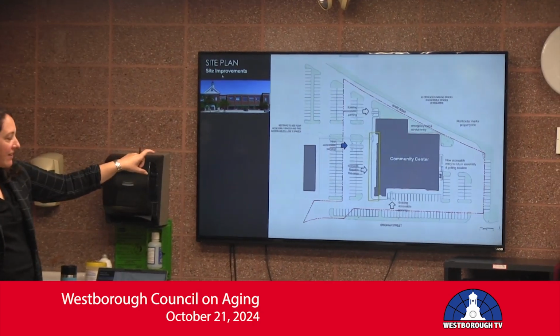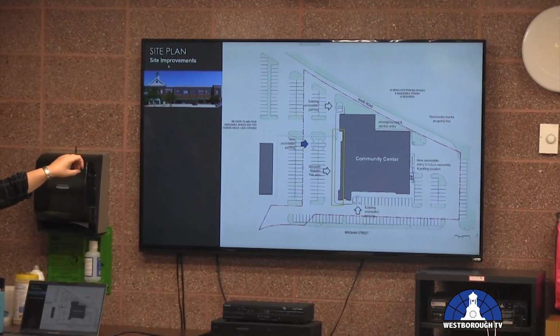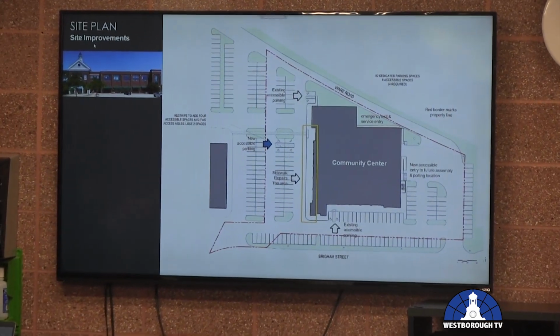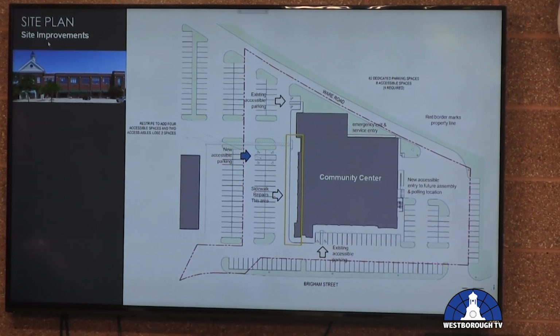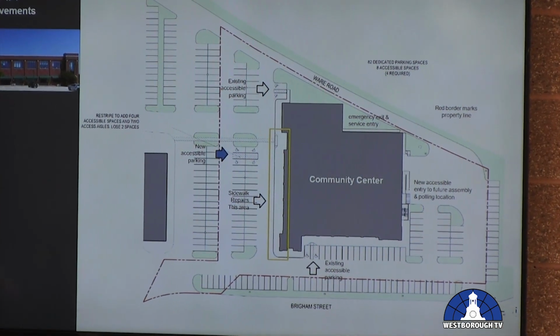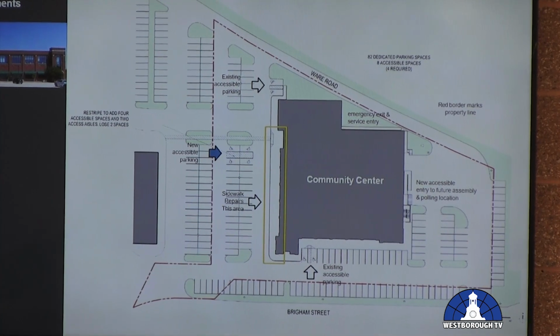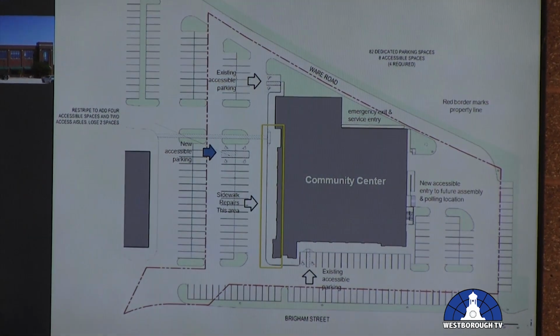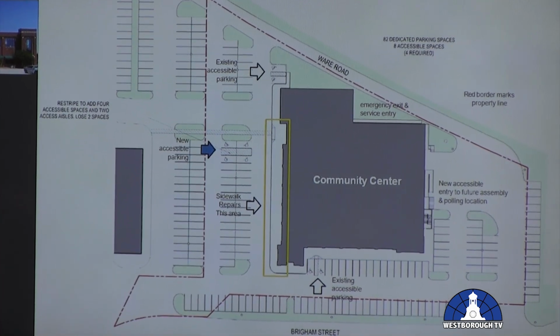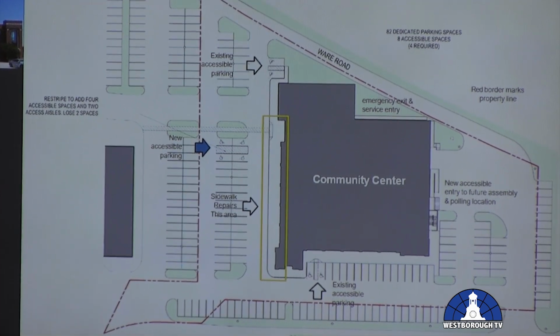Also, there's a blue arrow showing that we would want to be adding some handicap spaces, which came out of the community engagement, the need for some additional handicap spaces. It also shows that in the back of the building, there's a proposal for an additional entrance, and so there's some work that would need to be done back there as well.